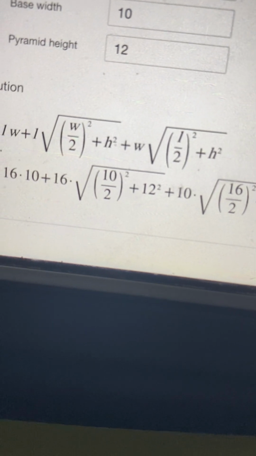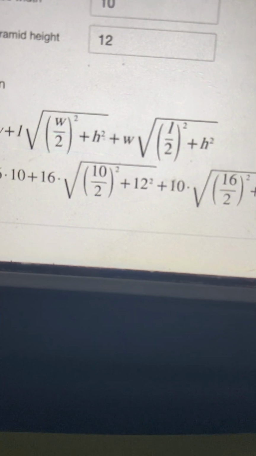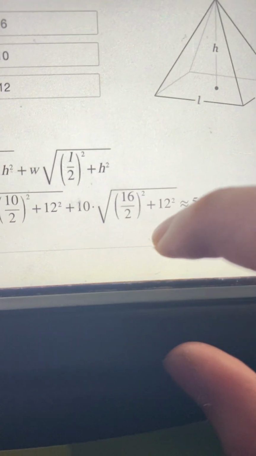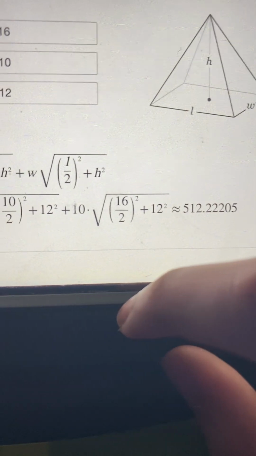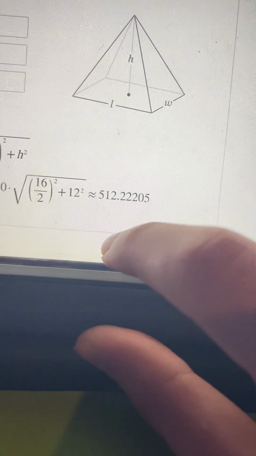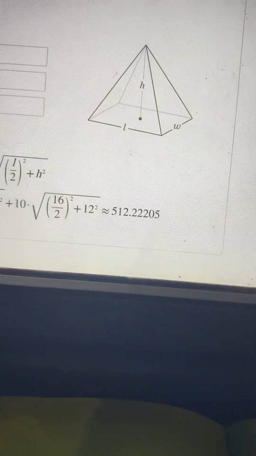So, let's do this. 160 plus 16 is 176. 176 plus 13 is 189, but then we need to add 10 to it, which makes 199 times the square root of 208, I guess. That approximates to around 512.22205.